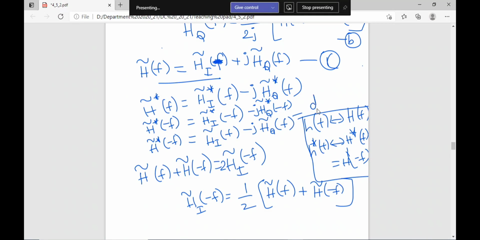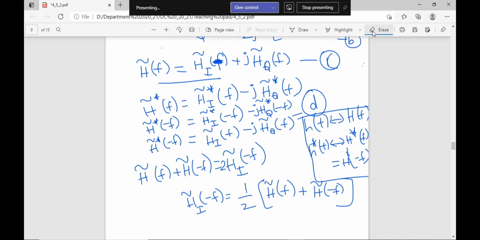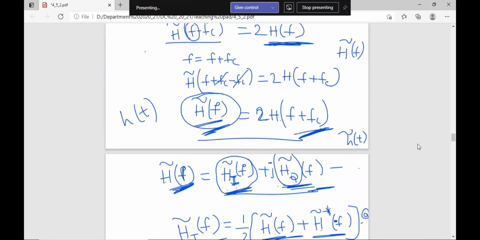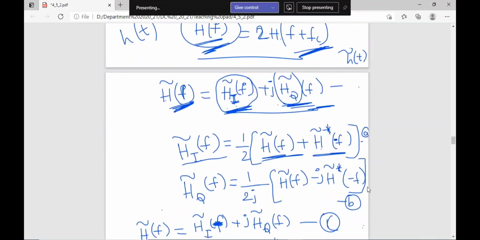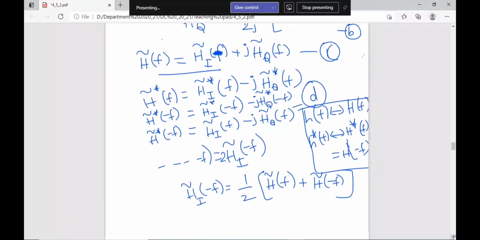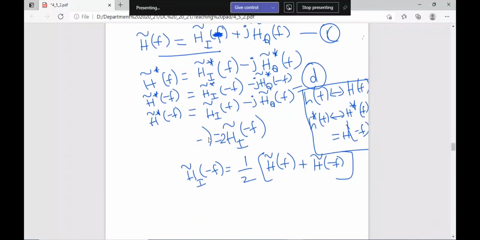And this is my d now. I'll just re-explain all this again. Okay, don't worry. Since I'm not able to see all together, I have a problem. Because here I've derived for h tilde star of minus f, but what I want is for minus f, and I've done it for f. So that is the reason when I added, I had got some problem. Okay, I'll just explain you again. Don't worry.